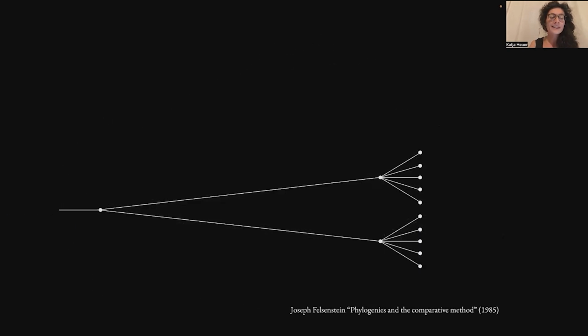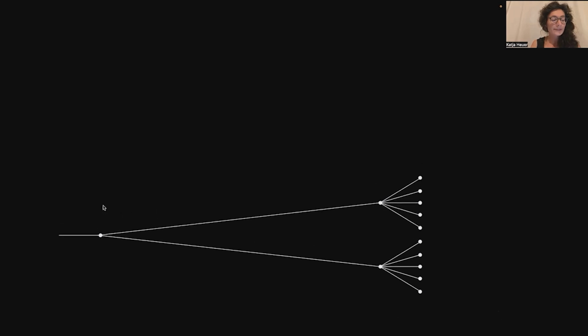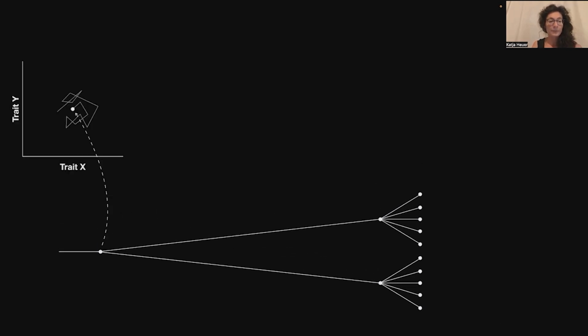It's adapted from Felsenstein, which is a really great book if you want to learn more about phylogenies. So from a common ancestor with a certain trait, there's a split into two species. So the ancestral trait is varying randomly according to a Brownian motion model. And until this point, it keeps on varying randomly.